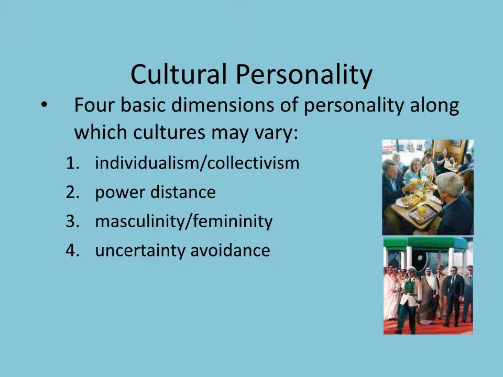Someone who is high in power distance believes that there is no way they could become powerful or have access to powerful people. India is a perfect example. If you're born poor in India, there's really no way you can crawl your way out of it. It's very, very challenging. Masculinity, femininity: some cultures are masculine, some are feminine. Then there's uncertainty avoidance, all of that.